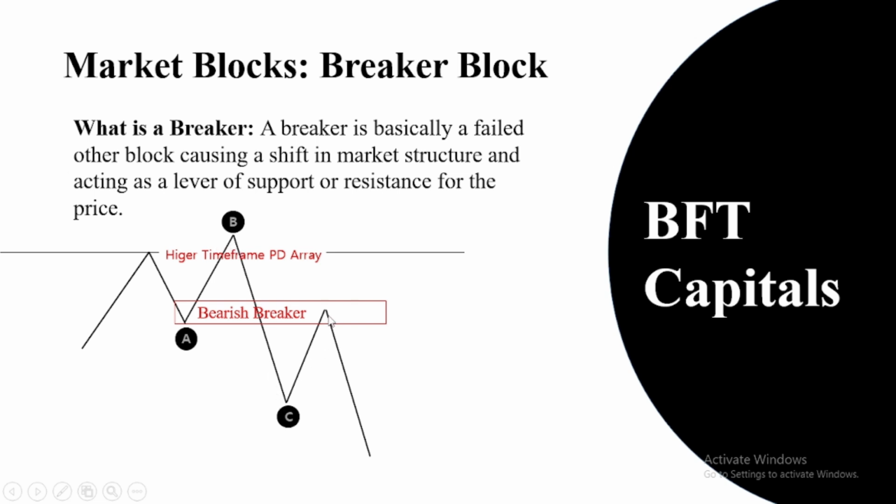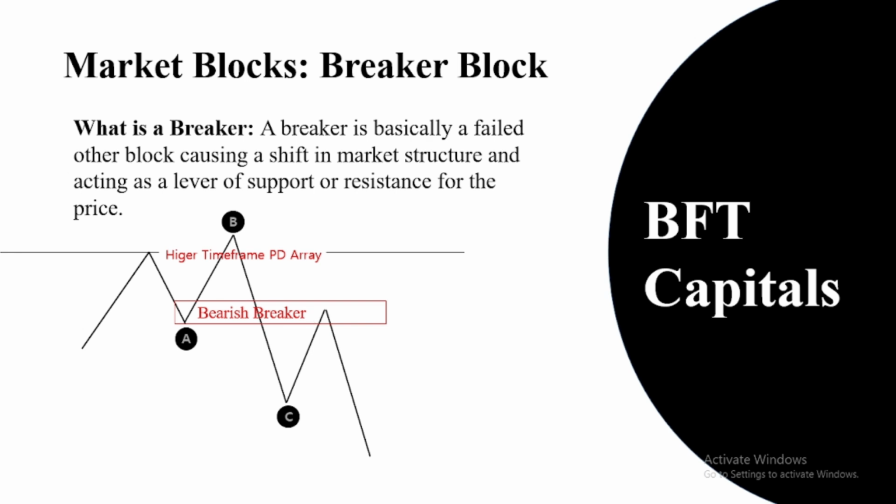So as price comes back into this breaker block here, failed order block, they are in there mitigating their losses. And then those that are waiting to see price take this swing and then create a breaker block here, they are in there going in at market price, going in selling the market.